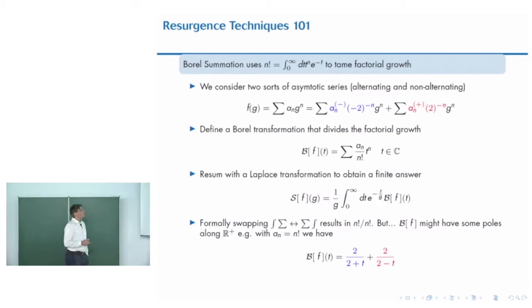So what we're going to do is take this asymptotic series, it's not well defined as is, but we're going to define a new series, which is well defined, by taking each term of it and dividing through by m factorial. So we're just going to smash out this factorial growth. And we've got a series here that we can sum, has a non-zero radius of convergence.